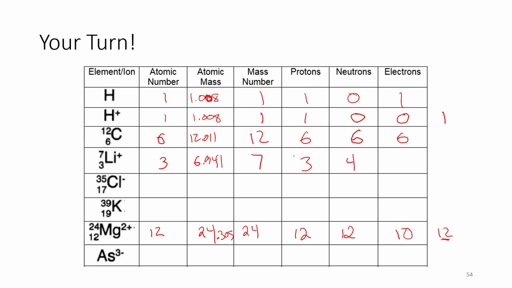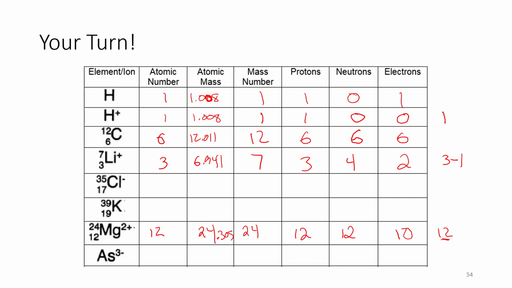Typically in an uncharged atom, there's 3 protons, so we would have 3 electrons. However, just like hydrogen up here, we become more positive by 1. Electrons have a negative charge. So if we give up that negativity, we're becoming more positive. So we have to give up 1 electron to become positive by 1. So 3 minus 1 gives us 2 electrons.